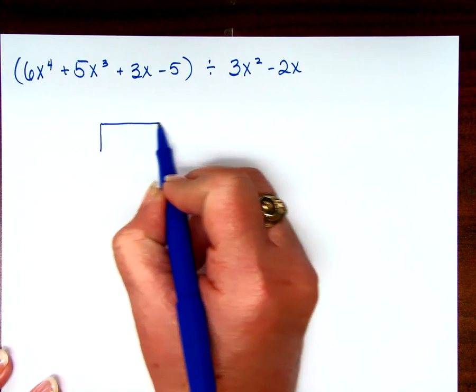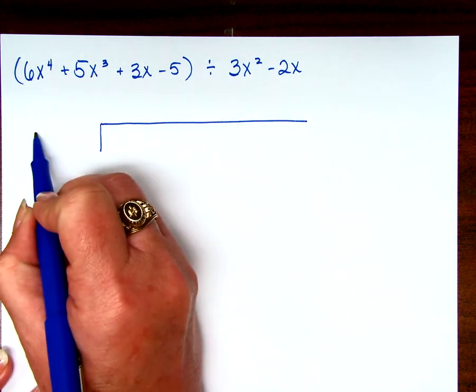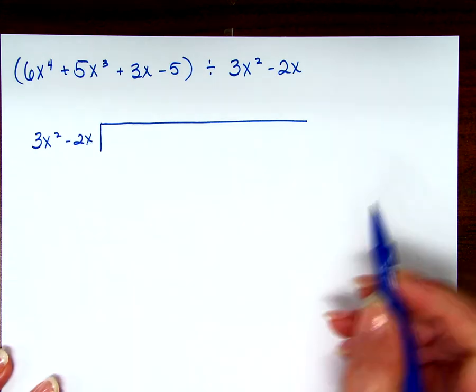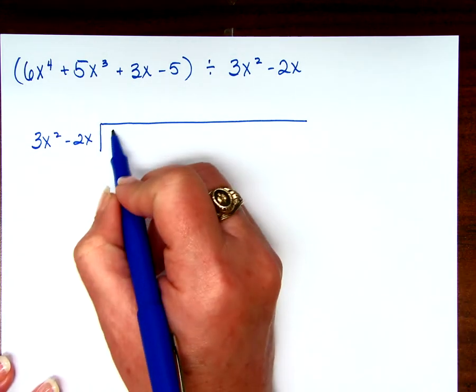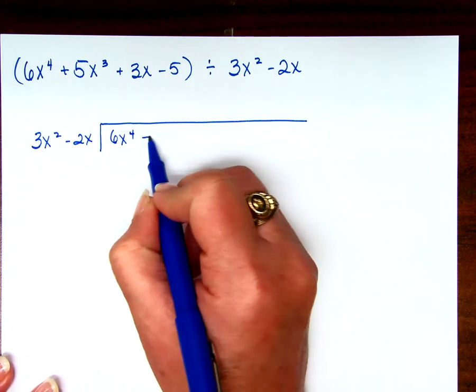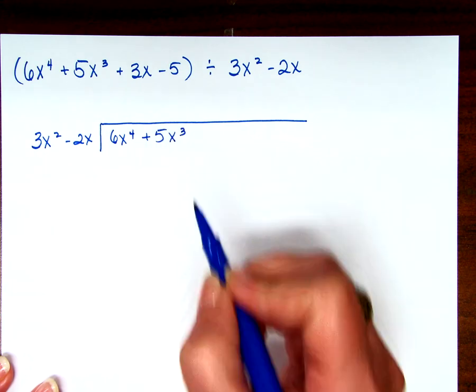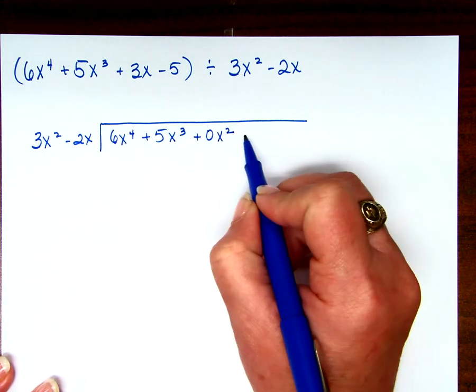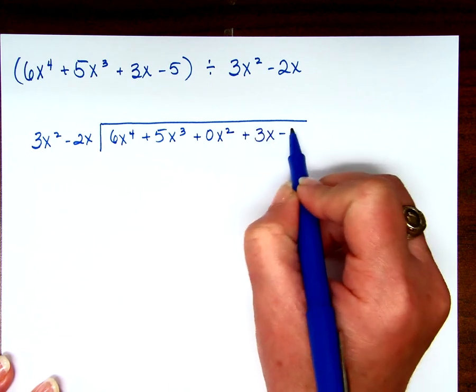Long division looks like this, right? So 3x squared, that's exactly right. We have to have every exponent in the problem, right? So 6x to the 4th plus 5x to the 3rd, and then 0x squared plus 3x minus 5.